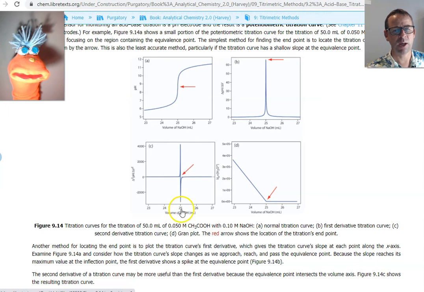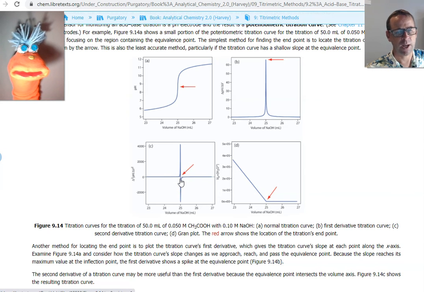So then you have a very specific point where it crosses 0. And so this point right up here, which one is the peak, might be a little bit difficult to see, but where it crosses 0 here, you can solve for that value, and that can give you a very accurate reading. All right?